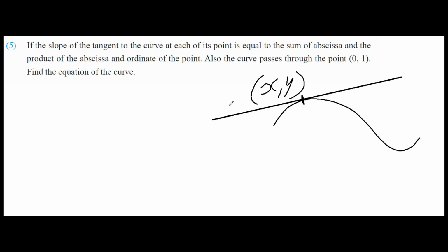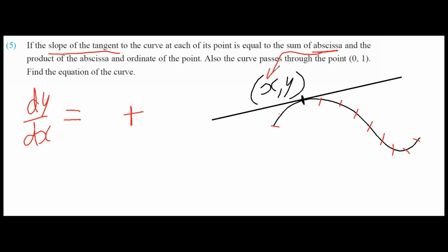Now, the slope of the tangent to the curve at each of its points, meaning at any point you draw a tangent, is given. So the slope of the tangent at each of these points. Since it is talking about slope, I have to write dy by dx. Slope of the tangent to the curve at any point is equal to the sum of the abscissa.